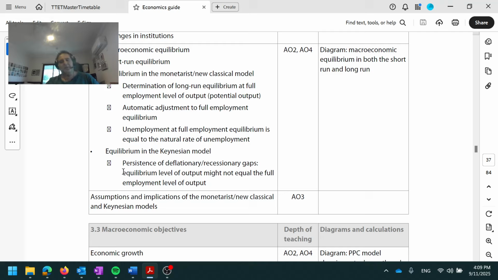Remember, the monetarists believe that supply creates demand, so you're never going to have deficient demand, whereas the Keynesians believe demand creates supply. So there are periods of time when we do have deficient aggregate demand, and that provides a justification or a role for the government to step in at the macroeconomic level.